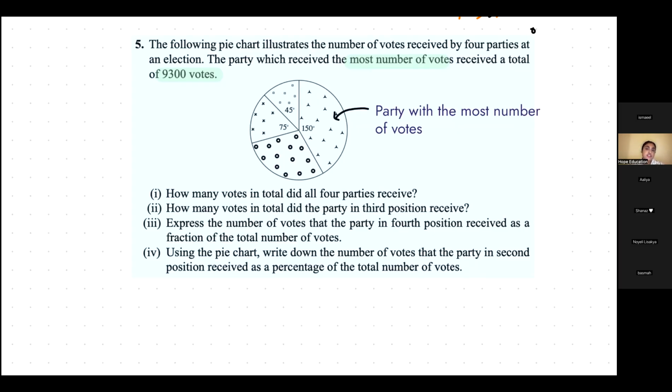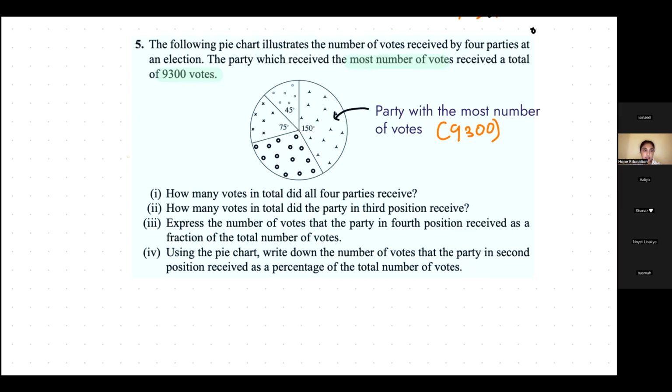So we now know the party with the most number of votes received 9,300 votes, and the angle is 150 degrees, right?